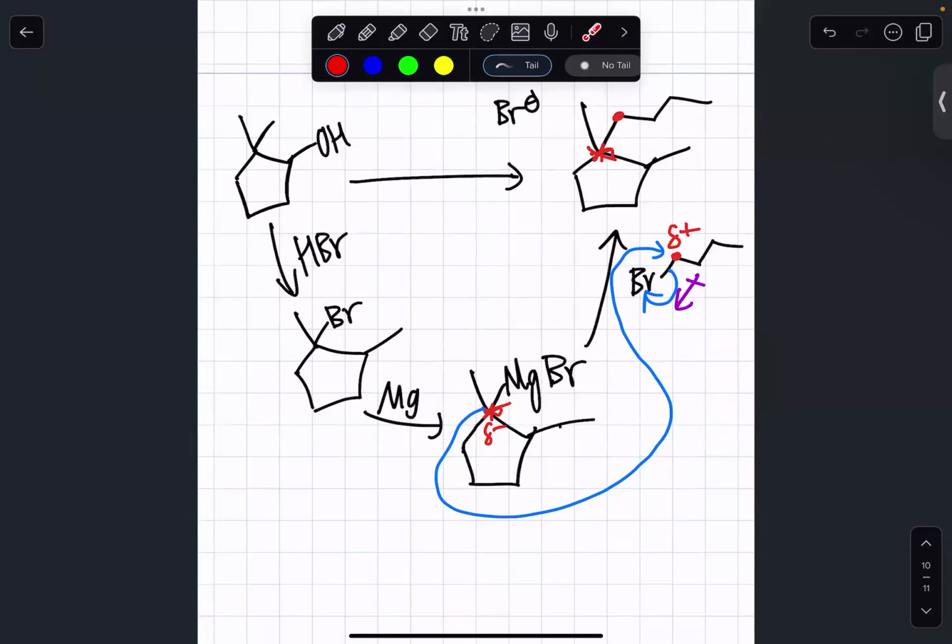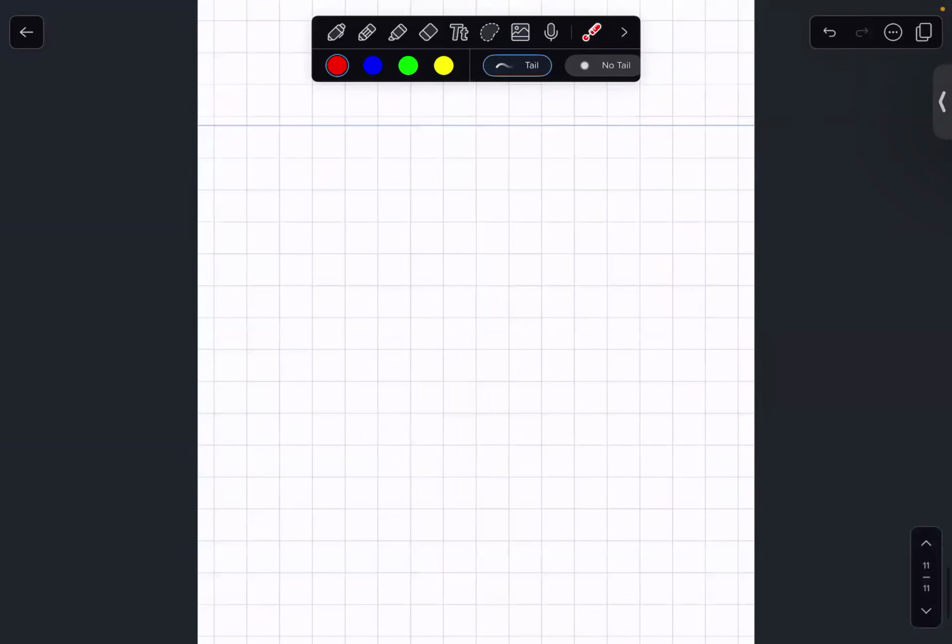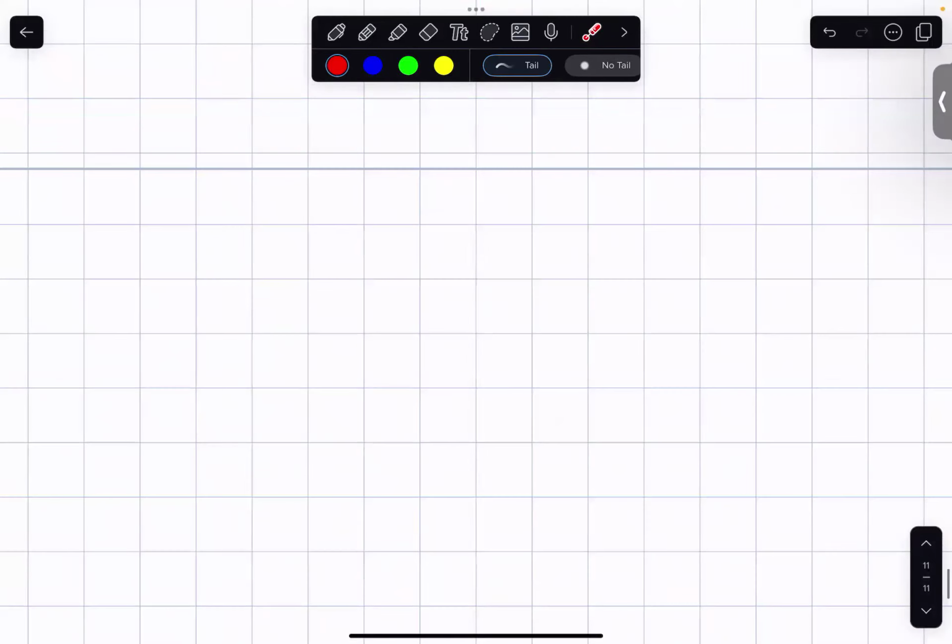Let's do some more synthesis problems on this.